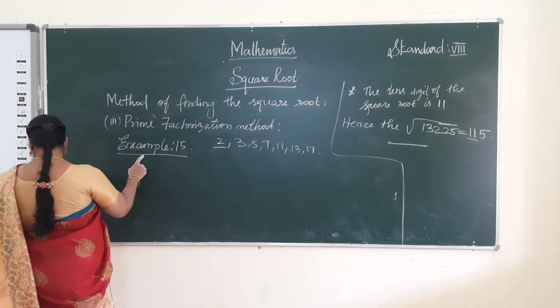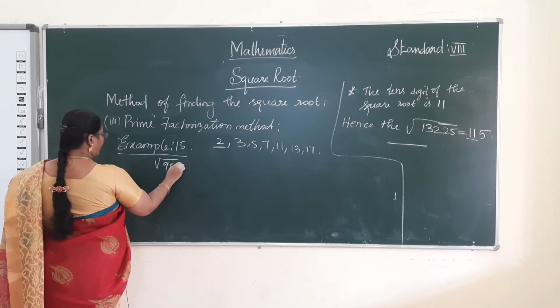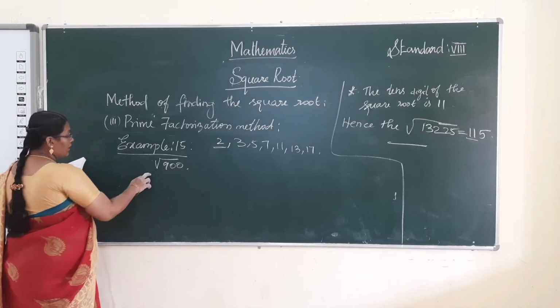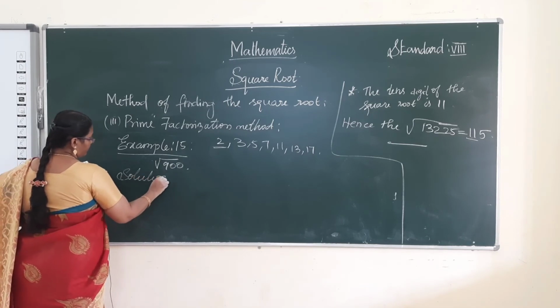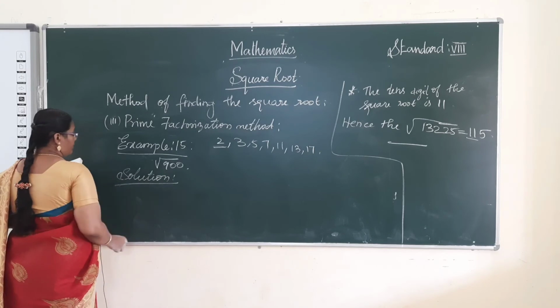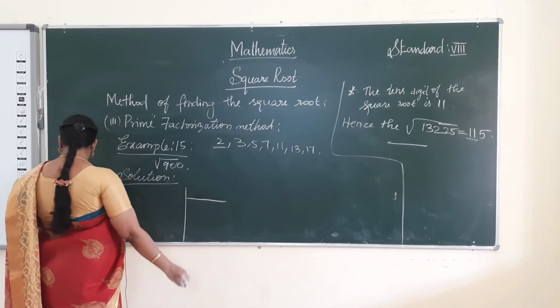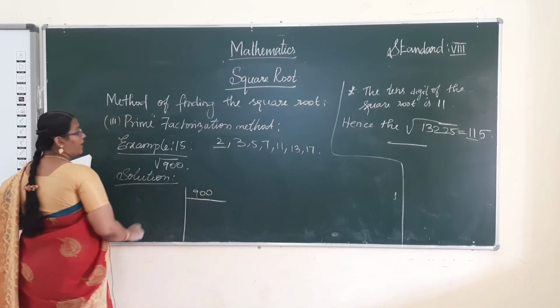See the first example. Find the square root of 900 using the prime factorization method. Solution. Draw like this. Write the numbers using the prime numbers only.